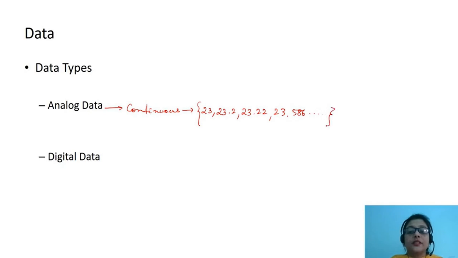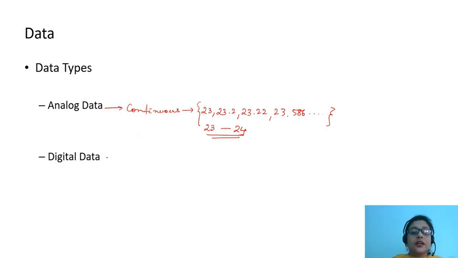So this is a continuous data set or analog data. From this we can understand that we can have innumerable data between 23 and 24. If we have two numbers, 23 and 24, in between the two numbers we can have innumerable data. So this is called analog data or continuous data.